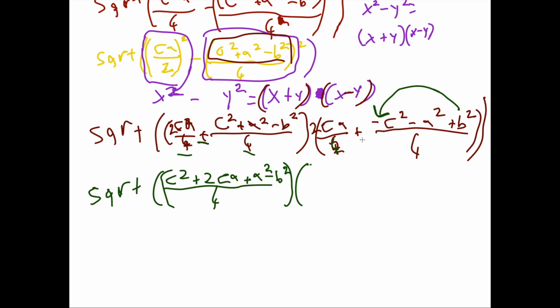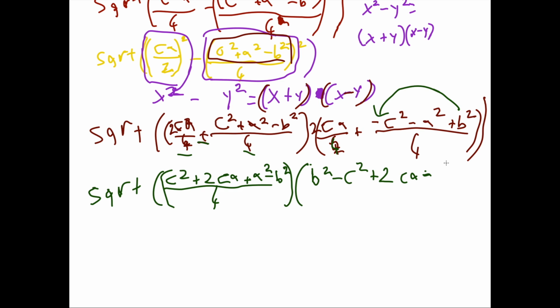So the B squared is going to move all the way over to here, so it's going to be B squared, and then it's going to be minus C squared, plus 2CA minus, is that right?